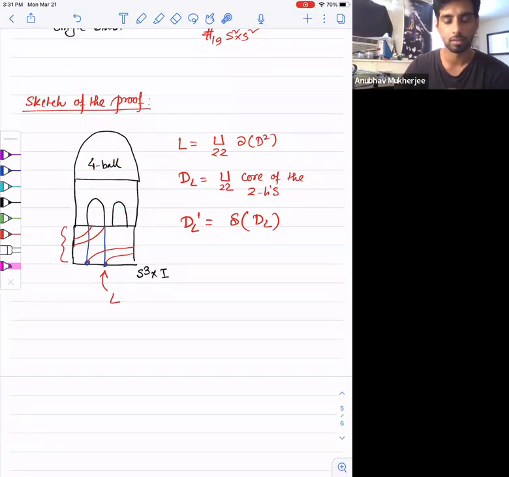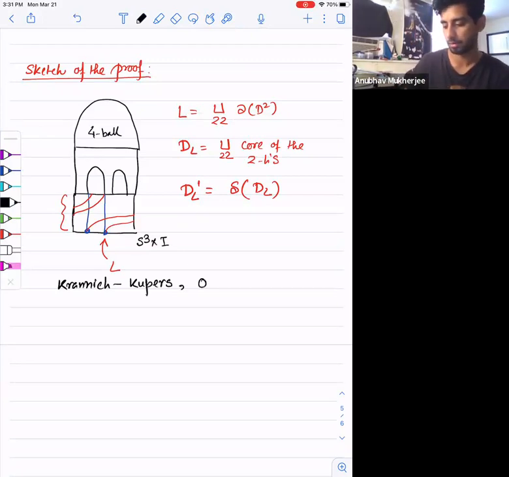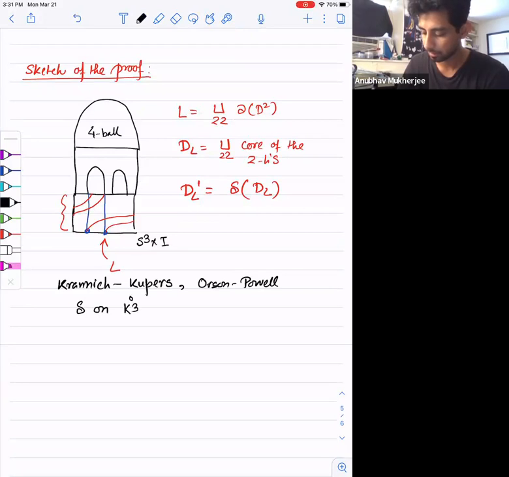So by the result of Kronheimer and Mrowka, and also a recent result by Orson and Powell, the Dehn twist delta on punctured K3 is topologically isotopic to the identity.